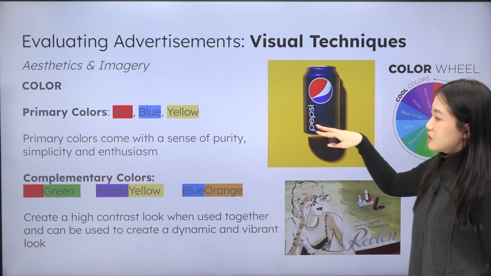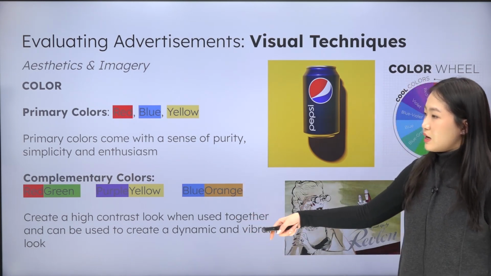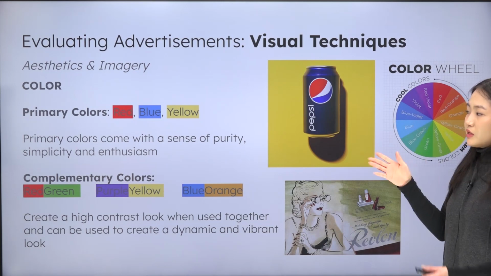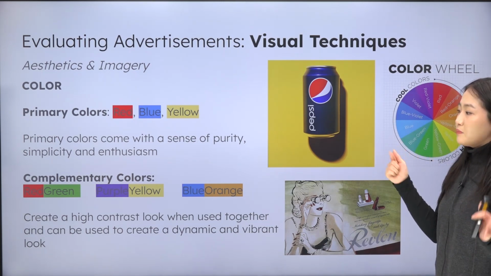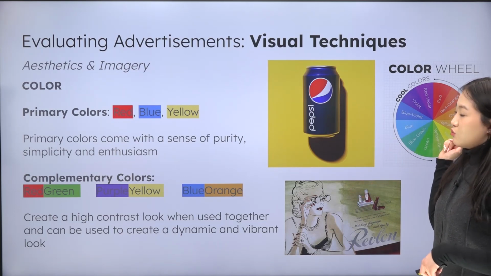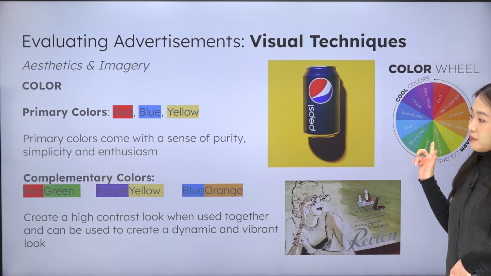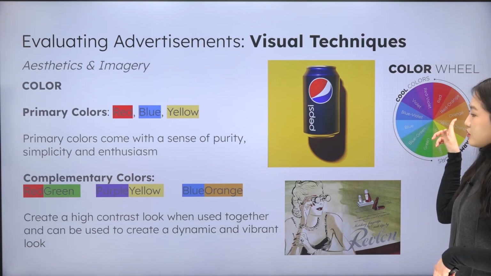And we also have complementary colors, which, if you see on the color wheel here, are colors that are opposite of each other. So complementary colors would be, the main ones at least, red and green, purple and yellow, and blue and orange.